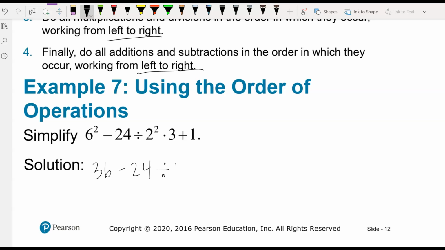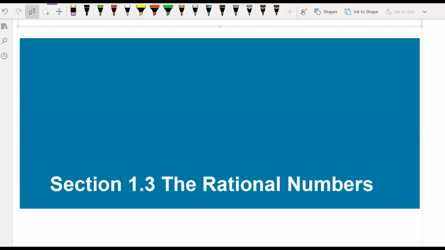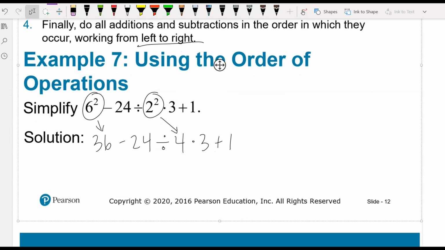Divided by 4 times 3 plus 1. So we're changing those numbers, doing that exponents operation first. Did that carry down? Oh, no, it's still here. Okay.